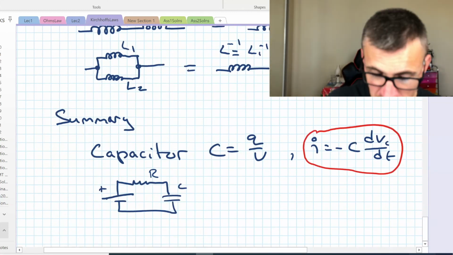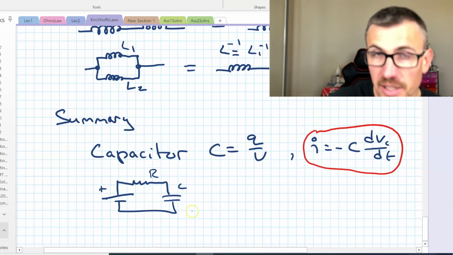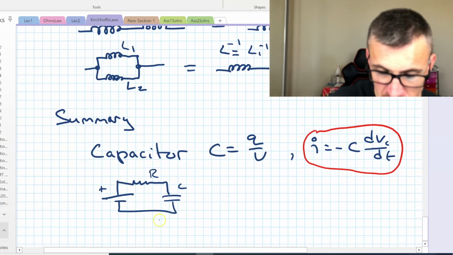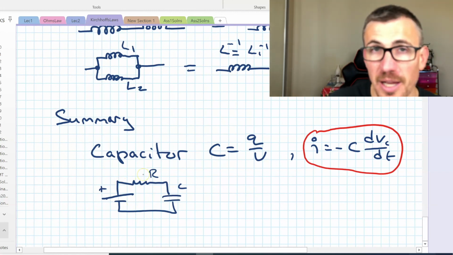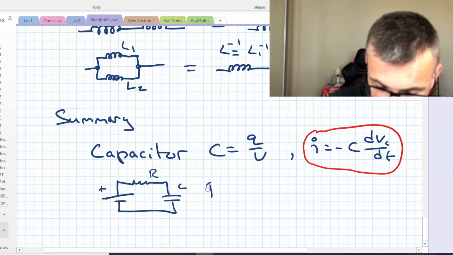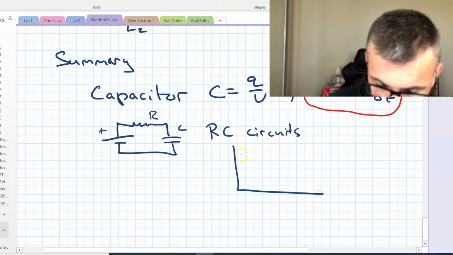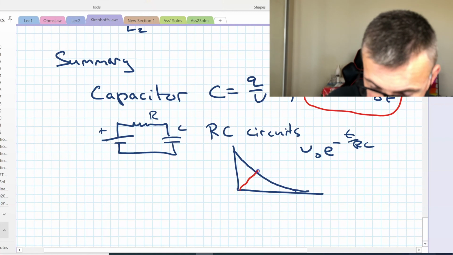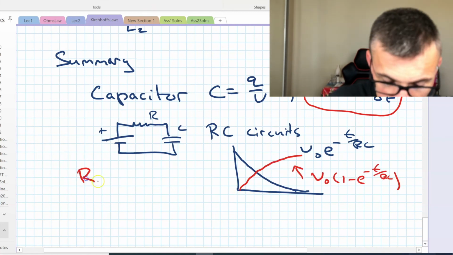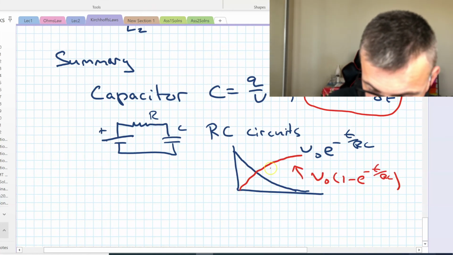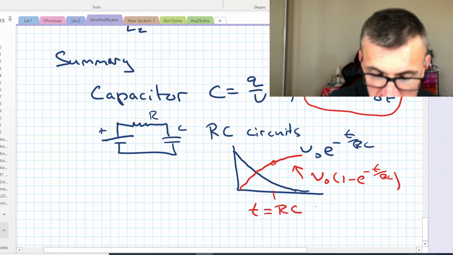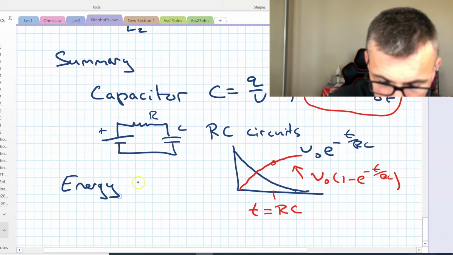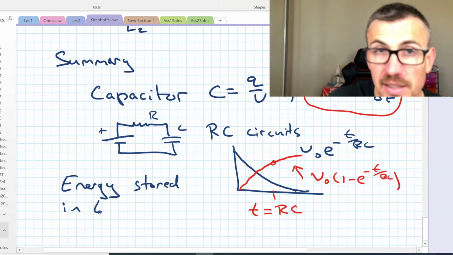We had RC circuits, and if we connect an RC circuit, it's going to charge, and if we disconnect it and short the resistor to the capacitor, it will discharge. So we have RC circuits that can discharge or charge, and we have the RC time constant, the fundamental constant, where tau is equal to RC. And energy of a capacitor is stored in the electric field.